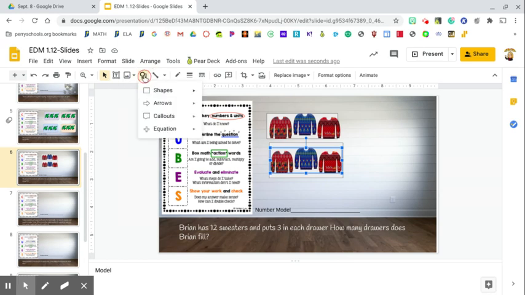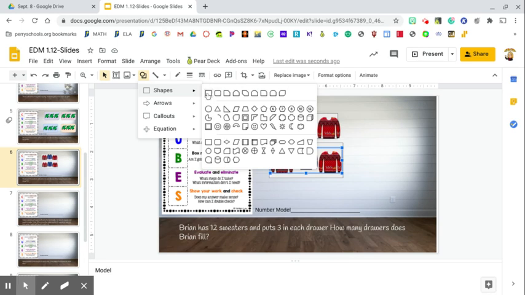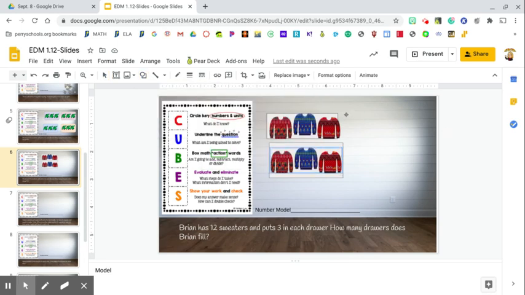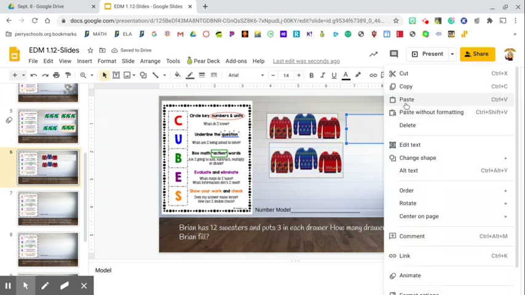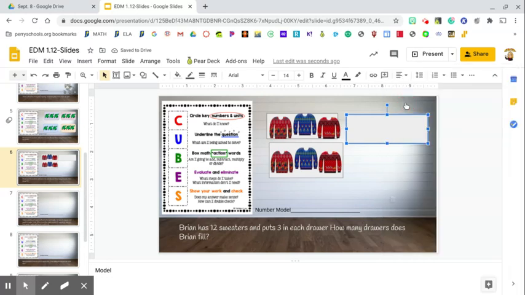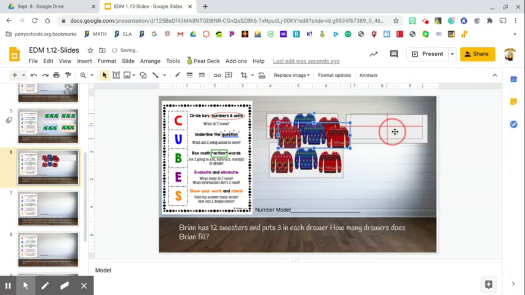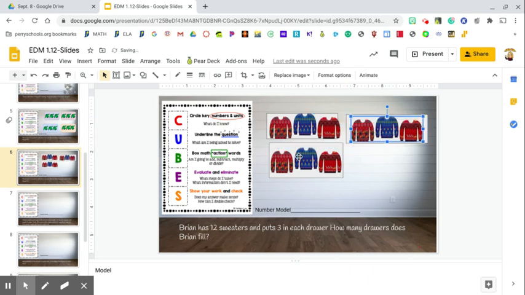So I'm going to go to my shape, get my rectangle out, and I already have my sweaters copied, so I'm just going to go back in and hit paste again and move my sweaters into my drawer. So I've got 1, 2, 3, 4, 5, 6, 7, 8, 9. I need one more drawer.